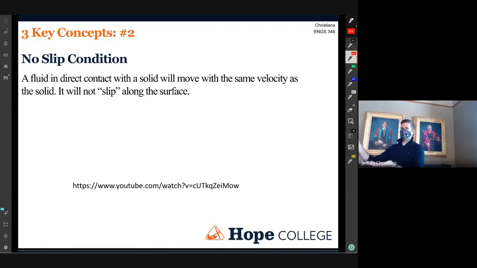We have water moving along a surface. We have air flowing over the ground. We have air flowing over a car. We have a boat going over water. In all of these cases, we have some sort of solid-fluid boundary. And the weird thing about fluids is they get stuck to solid surfaces. So the no-slip condition: fluids don't move along a surface.